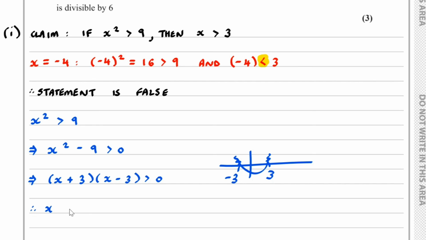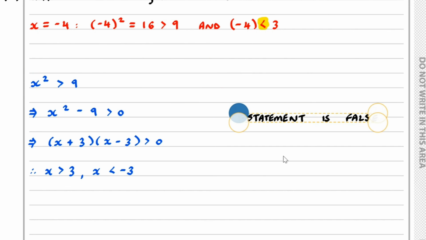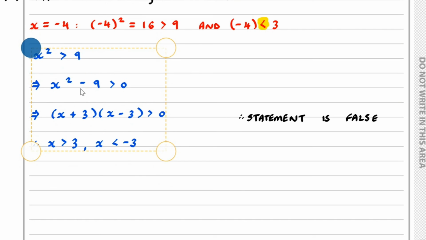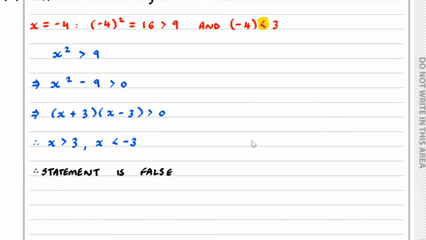And so from here we can see that x is greater than 3, or we have x which is less than -3, which are solutions. So either way, from solving the inequality algebraically, we can see either way the statement is false. So we see then the statement is false.